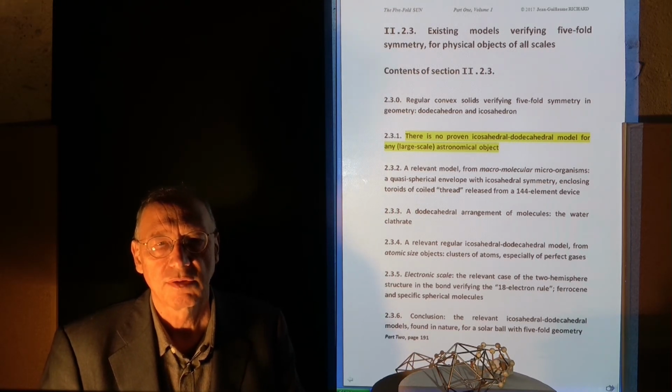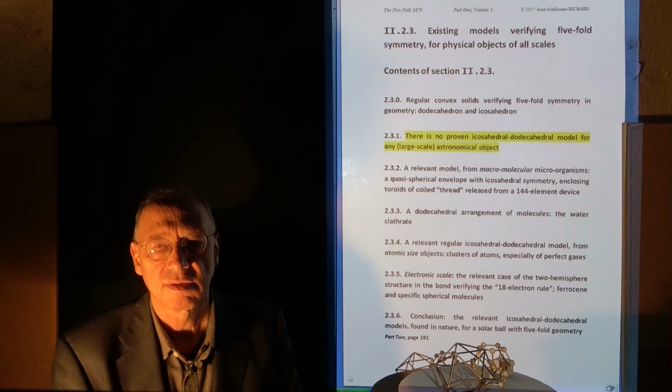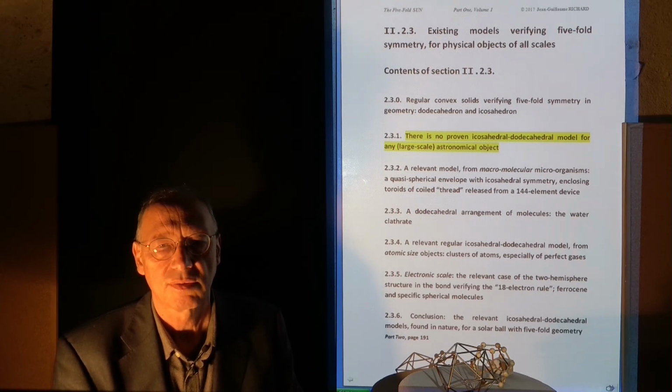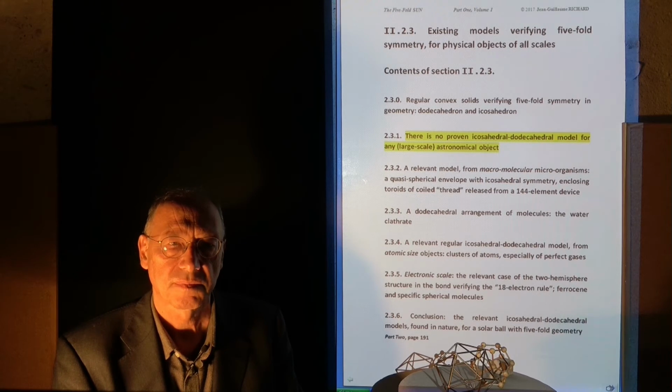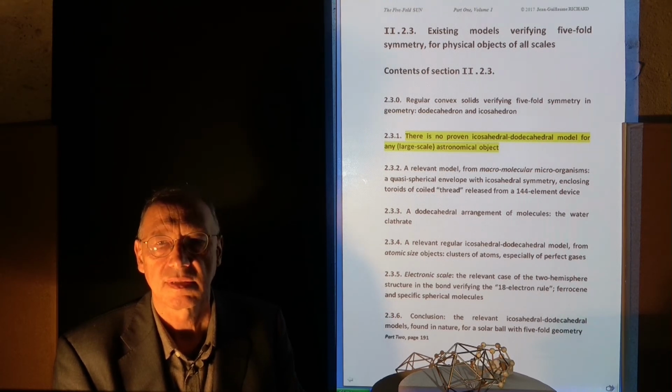So, without going into the details of these compounds, we can make a note that there exist, in fact, in the natural world, some examples of natural things that indeed verify fivefold symmetry, and in which we can find icosahedral or dodecahedral symmetry.